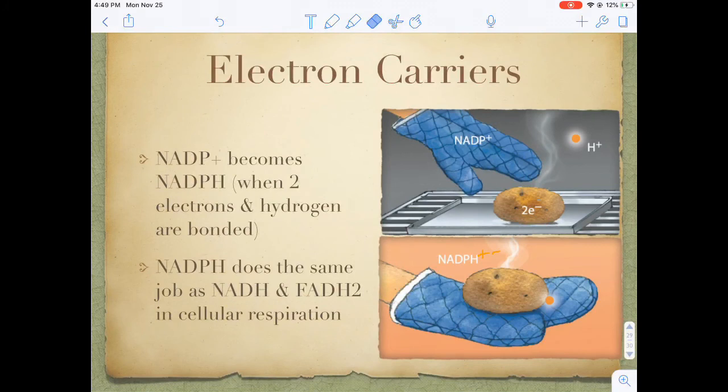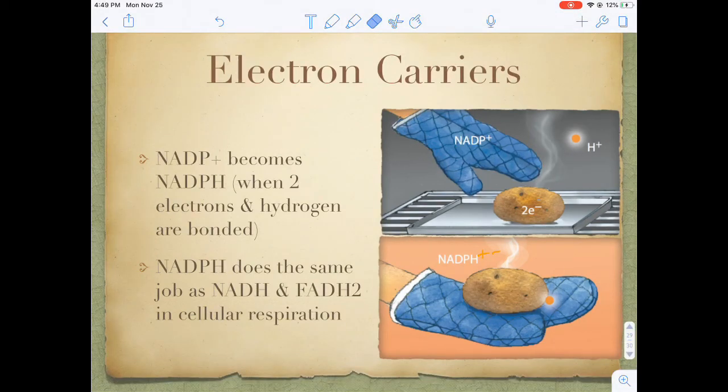This slide is an analogy about what an electron carrier does. Think of the electron as being this hot potato. See here, it's actually two electrons. We see the e and the negative; those are signs that it's electrons. We have two of them. There's also this little hydrogen with a positive charge.